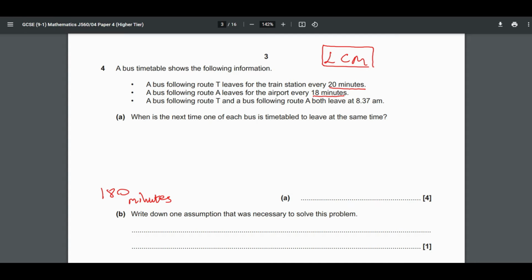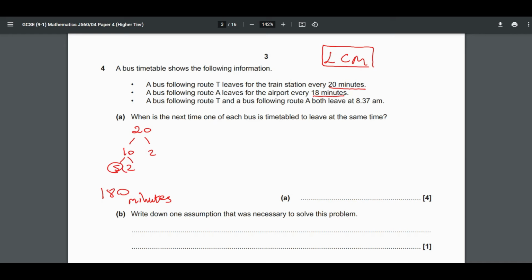Now, another way of getting 180 minutes as your lowest common multiple is to find the prime factors of 20 and 18. Okay, so 20, the prime factors from the factor tree are going to be, so that splits into 10 and 2, and then 5 and 2.